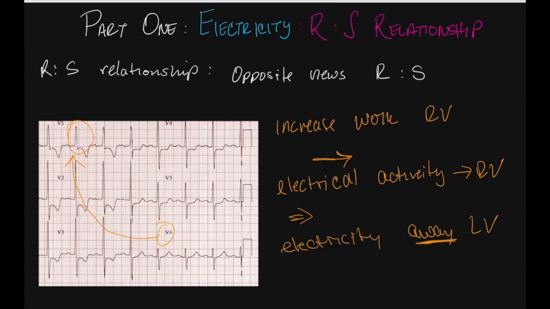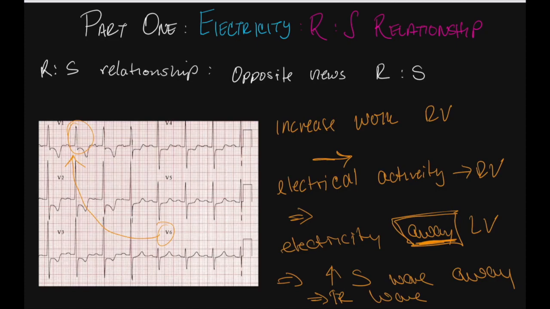And now that we have a situation where electricity is flowing away from the left ventricle, and we said away equals negative, then we get an increase in S wave in the away portion, and an increase in R wave in the towards.